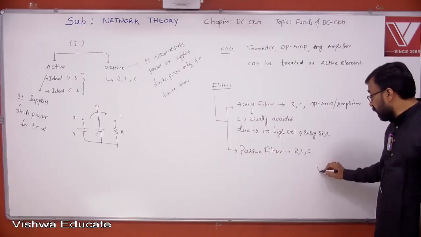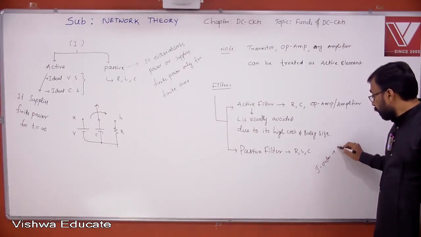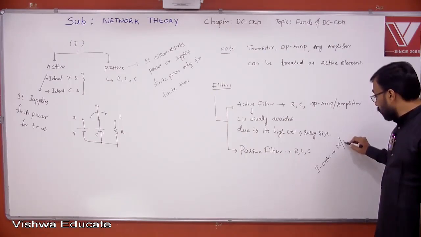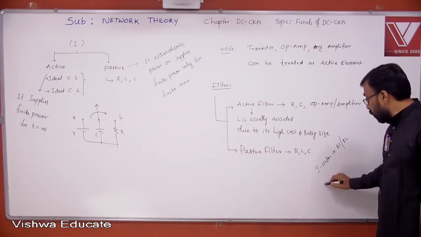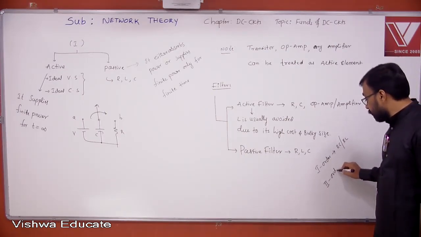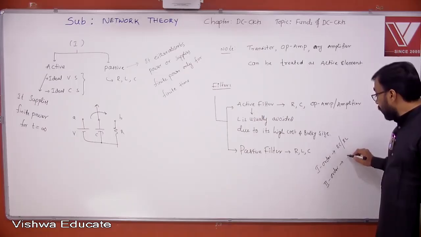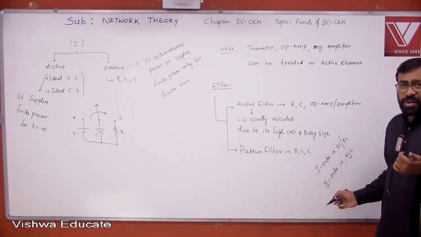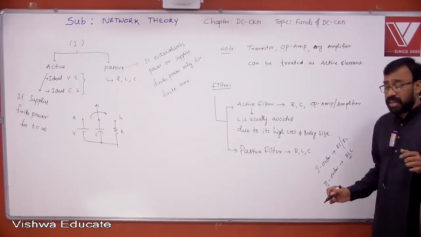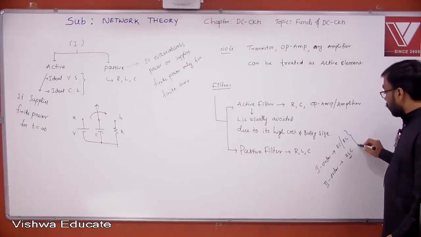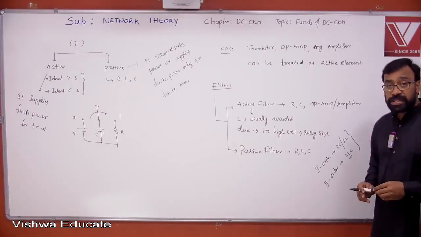The first order filter will have either RC or RL. But second order filter will have L and C compulsory, or depends on your requirement, but L and C are compulsory. So this is what the first order and second order filters contain.